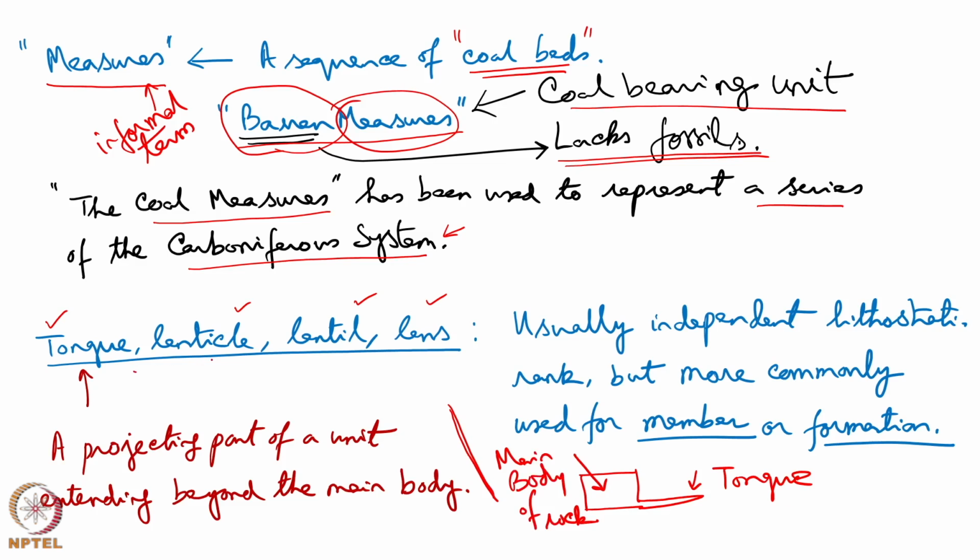The terms tongue, lenticle etc. are usually of independent lithostratigraphic rank, but more commonly they are used for members or for formations. So, either use them independently or treat them equivalent to member or equivalent to formation, not equivalent to group, not equivalent to supergroup, and not equivalent to bed.